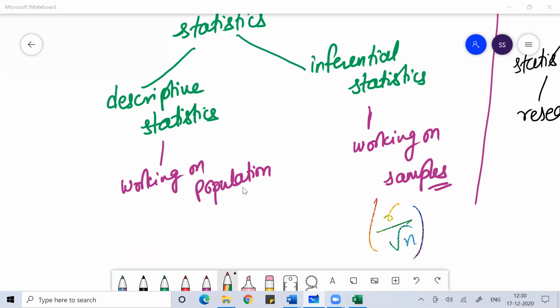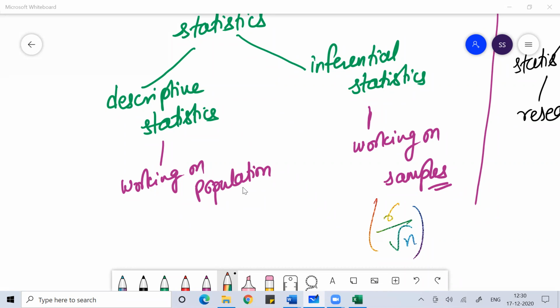So they cannot work on each and every leaf to understand the pattern, whether gymnosperm or angiosperm, or the descriptive form for each tree. Instead, they can simply take a small sample.